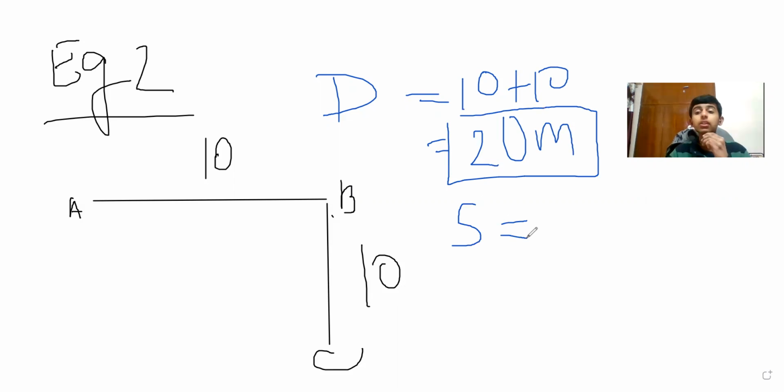Now in displacement cases, always mark the initial and final position. Yes, this is the initial position, and point C is the final position. So I can say that this line is the displacement, isn't it? This is the displacement. Then how will we find it? If you can see, this is forming a right angle triangle, and this AC is the hypotenuse.